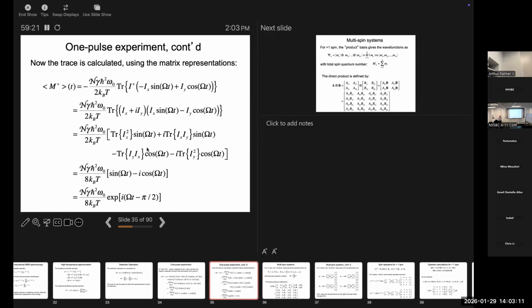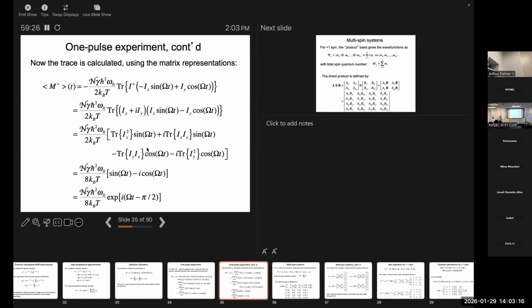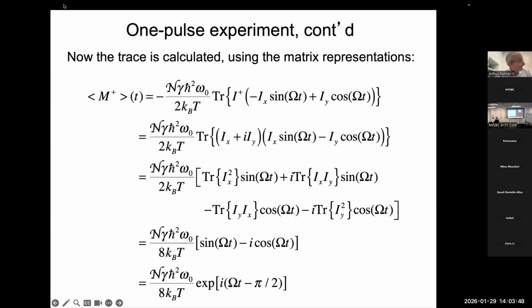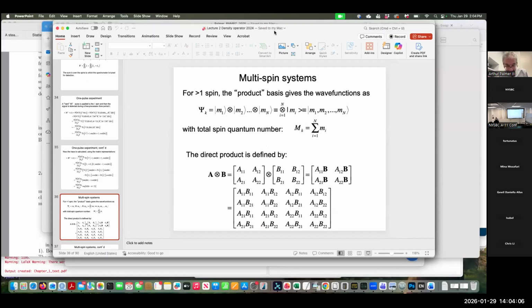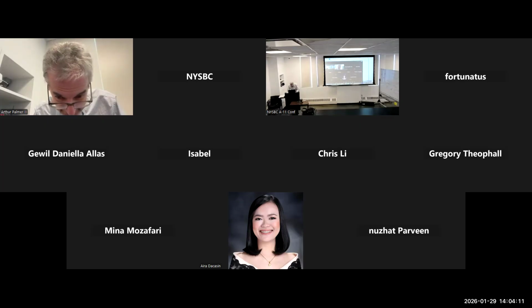Sorry, it's not full screen. Something's happened to the display. You see my notes? How did this get switched? Swap displays.